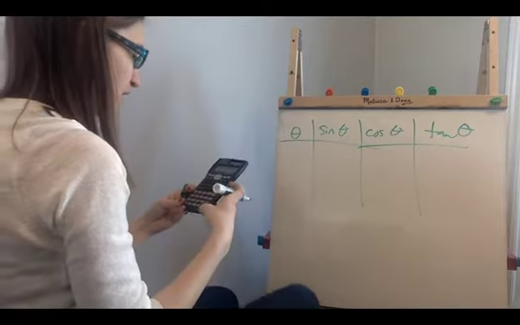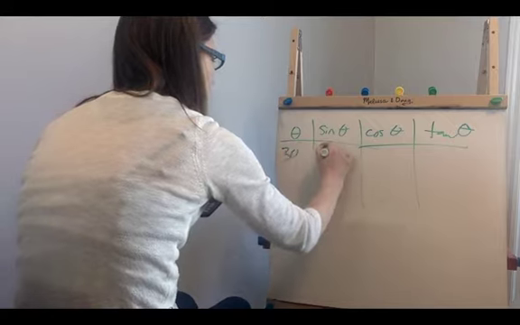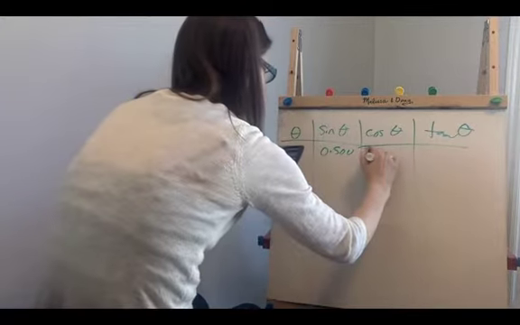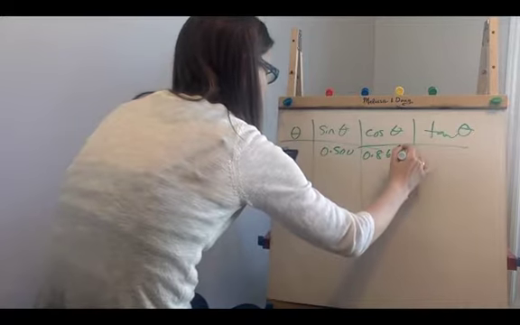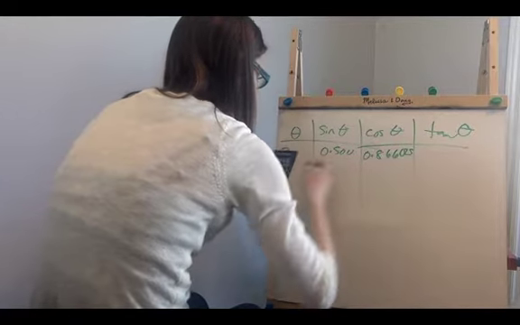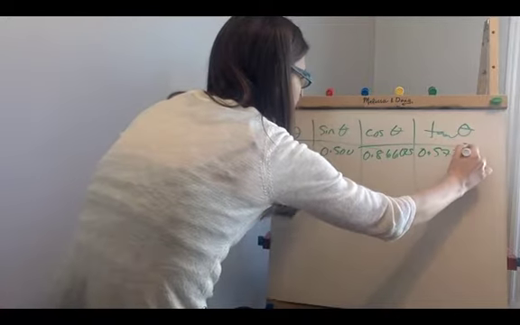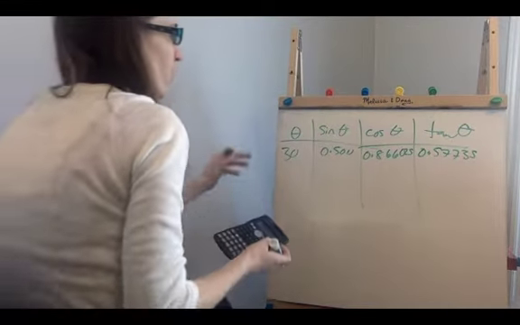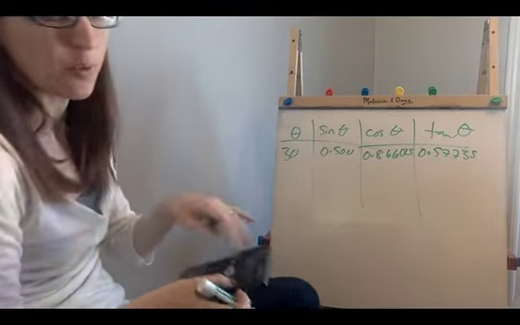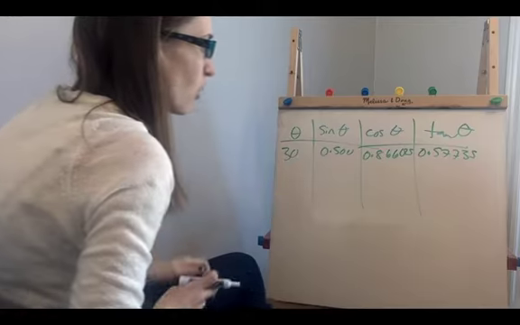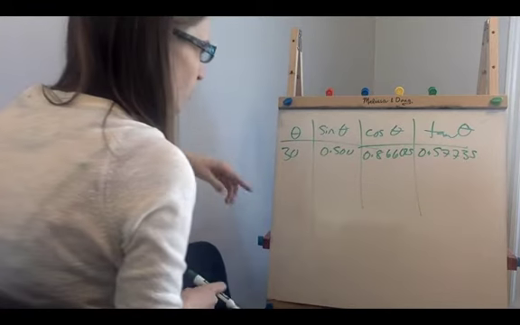The sine of 30 degrees was 0.500, the cosine of 30 degrees was 0.866025, and the tan of 30 degrees was 0.57735. So you'd have to look at those tables instead of being able to just plug it into your calculator and say, what's cosine of 30, to be able to do the divisions to solve for the side lengths. You'd end up having to do it this way.